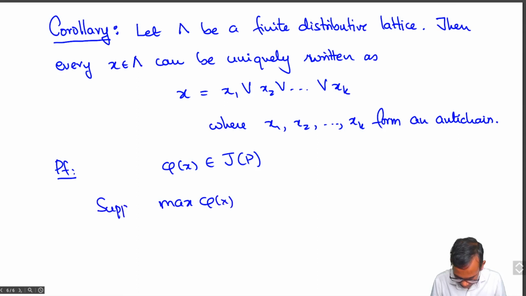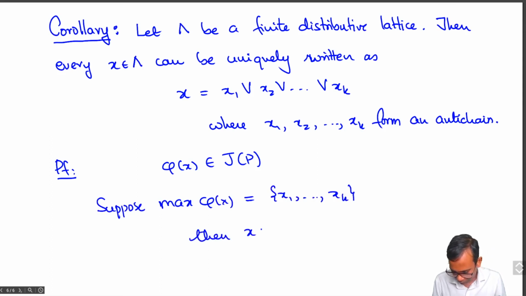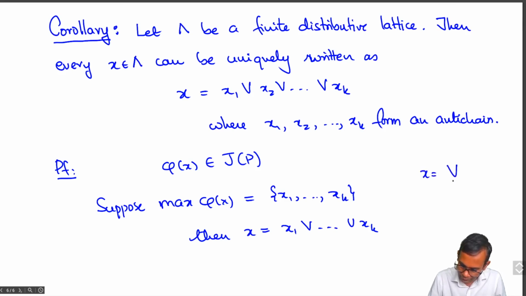So what I want to say is suppose max phi x is equal to x1 through xk, then x is equal to x1 join xk. This is going to be an anti-chain, and this characterizes the expression of x as a join of k join irreducible elements, because x is anyway already recovered by y belonging to phi x, and I can just take the maximal elements and it will still be the same thing.